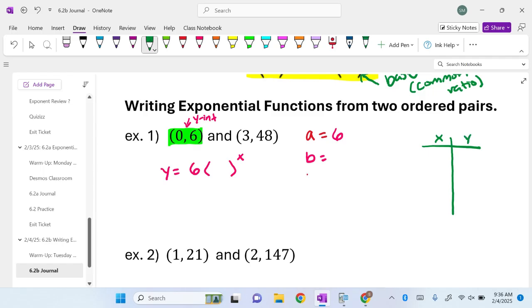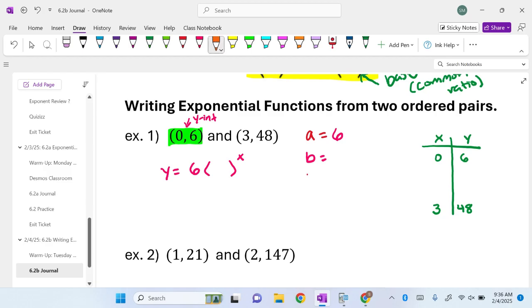So I'm going to have x, y, and I'm going to list the points in numerical order of x values from least to greatest. So I'm going to put (0, 6) first. Now leave some space between (0, 6) and the next point, and I'll show you why in a second. And then I'm going to put (3, 48). Now, there's a reason why I left space here, and we'll talk about that in just a second.